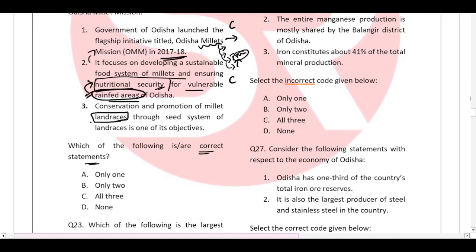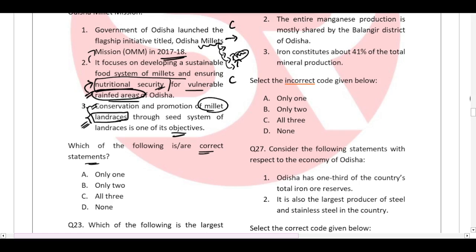Now the point says conservation and promotion of the millet landraces through the seed system of landraces is one of the objectives. This scheme wants to conserve the native millet species that farmers have been growing for generations over the period of history. Why?